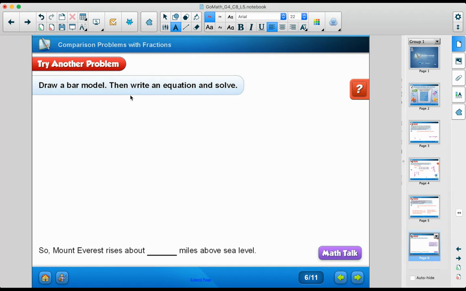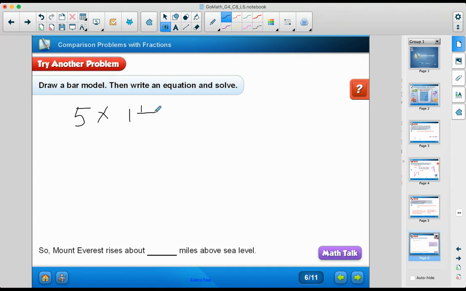So the equation is 5 times 1 1/10 equals 5 times a mixed number.